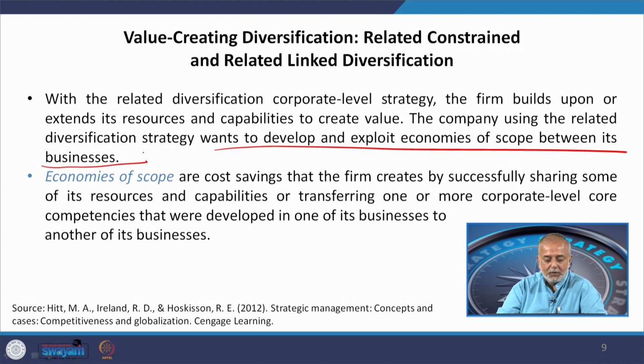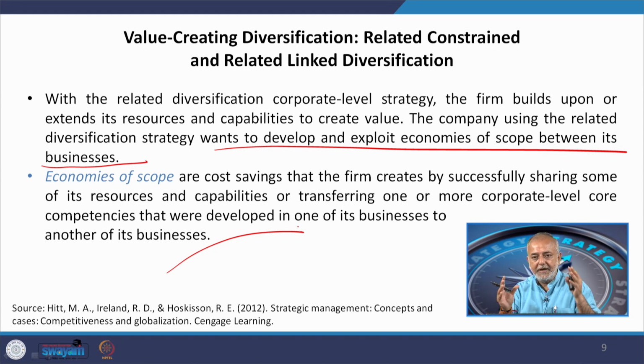Economies of scope are cost savings that the firm creates by successfully sharing some of its resources and capabilities, or transferring one or more corporate level core competencies that were developed in one of its businesses to another of its businesses. And this is a very natural process as far as companies go, as far as sharing the resources basically.